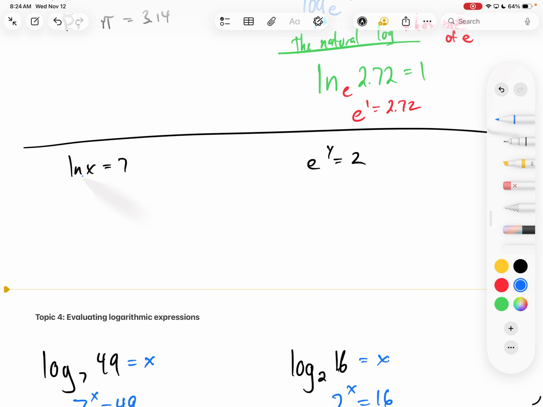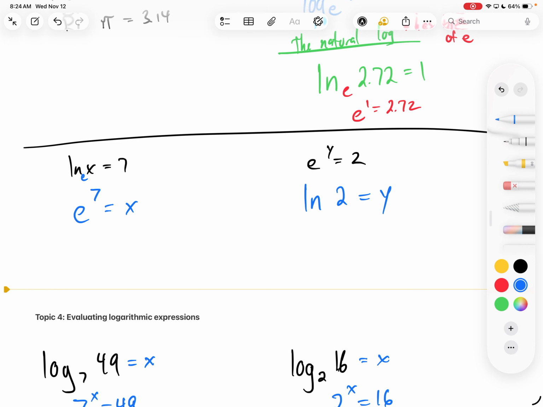Remember, if you see ln, it just means base e. So this would be base e, exponent's the one that's over there by itself, equals x. e to the 7th is equal to x, okay? Which you just have to use a calculator to solve. On this one, when you see base e, you automatically think ln. So I do ln, base e. I don't have to write the base e.